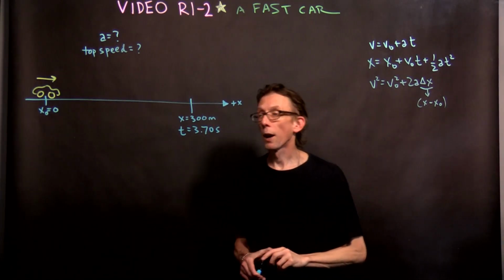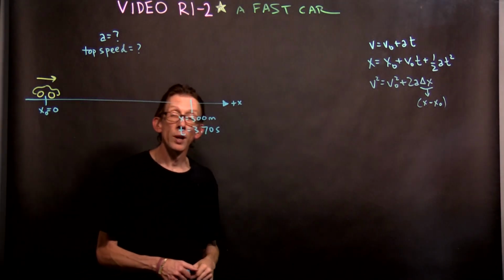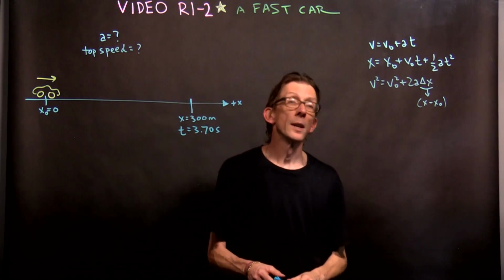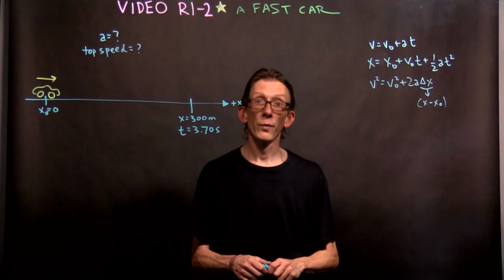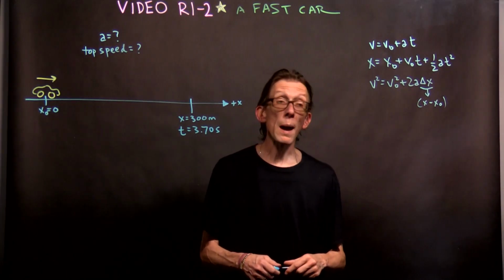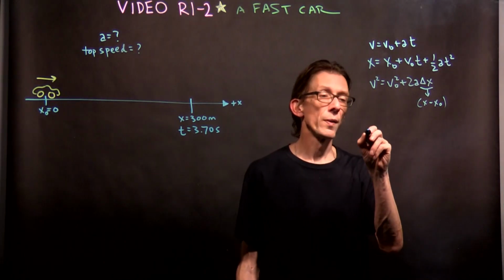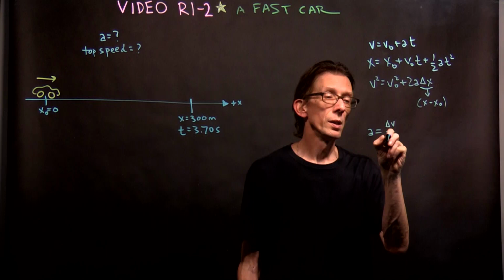Okay, so how do we find the acceleration? Well, let's see. We know x, we know delta x, we know t, so let's see which one of these is the best. What we don't know is what the final velocity is, right? You might be tempted to use the definition of average acceleration, which is delta v over delta t.